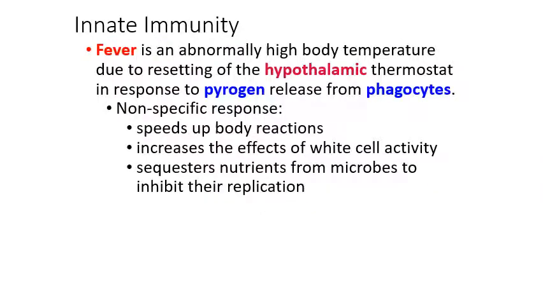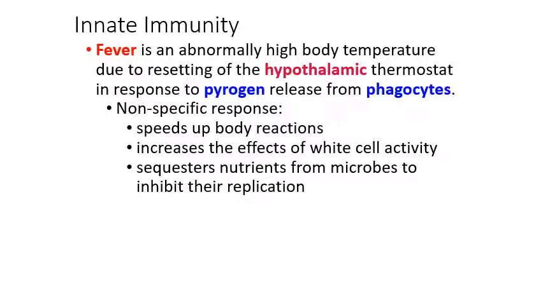Right. Another kind of non-specific response or an innate response to infection is a fever. So again, fever is one of those things that's not super comfortable, but it is really useful in helping fight off a potential infection.